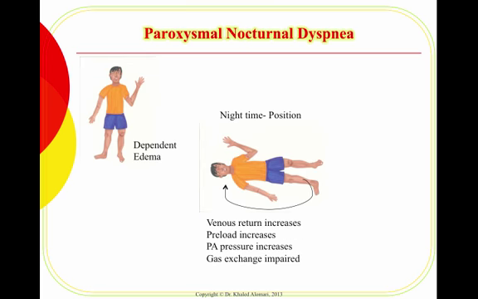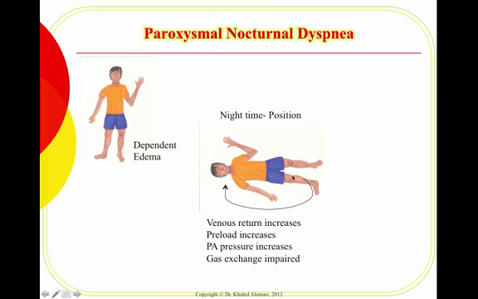The other symptom is called paroxysmal nocturnal dyspnea. Basically, during the day the patient is standing. The edema is dependent, and because of gravity, it stays away from the heart and mainly from the lungs. When the patient goes to bed to sleep, because of this position, the peripheral edema, again because of gravity, starts going back.